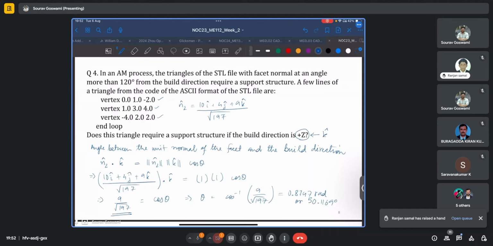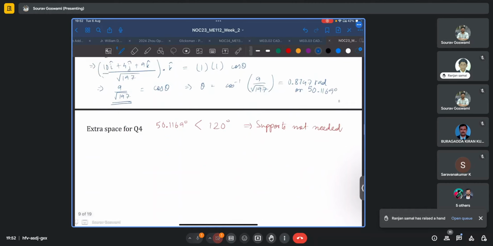Any value of this cos theta which was greater than minus 0.5 would imply that the angle between the unit normal and the build direction was smaller than 120 degrees and thus the support structures would not have been needed.